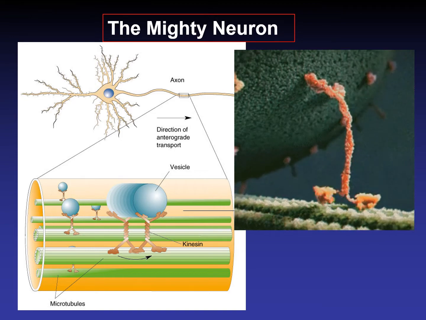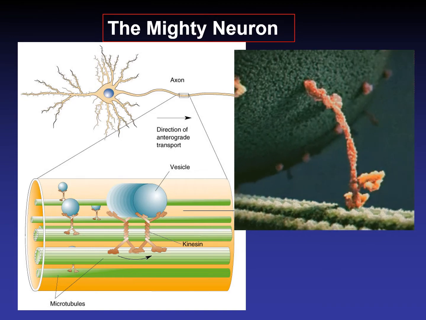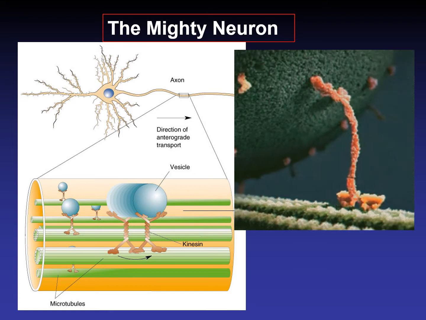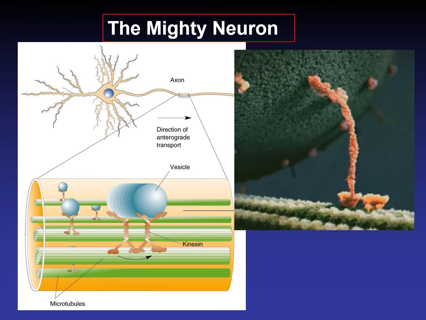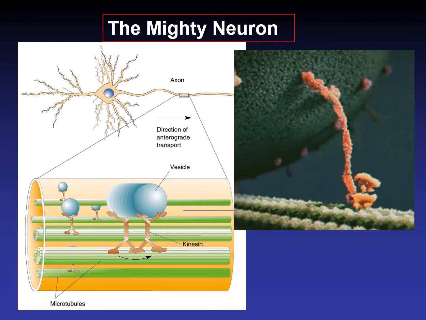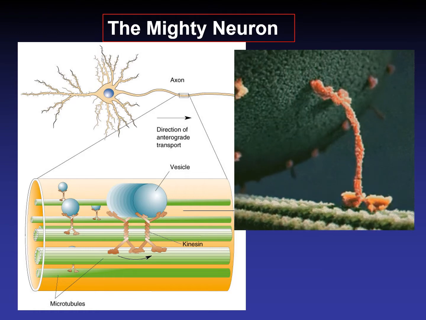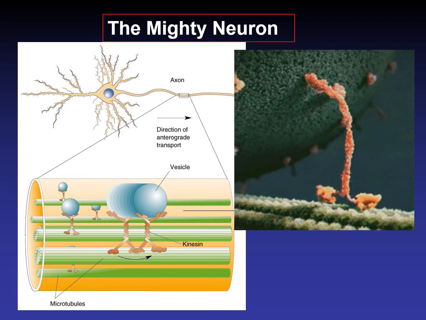Now, in Alzheimer's disease, these microtubules tend to break down. This is one of the problems in Alzheimer's disease. These microtubules are held together by a tau protein, T-A-U, tau protein.